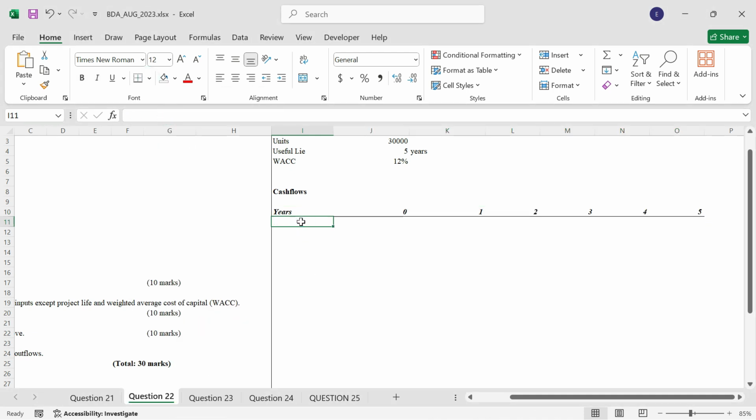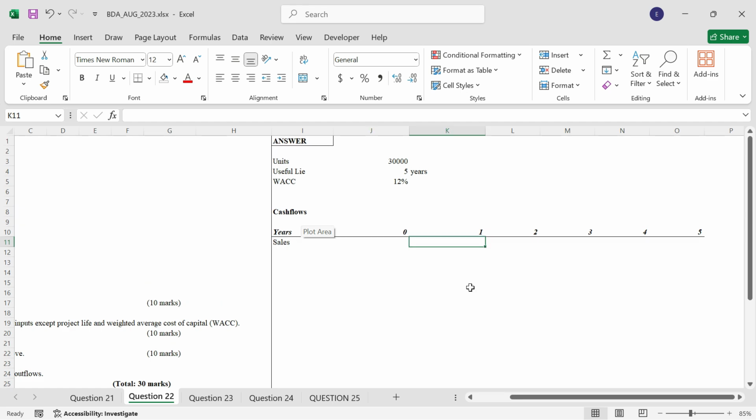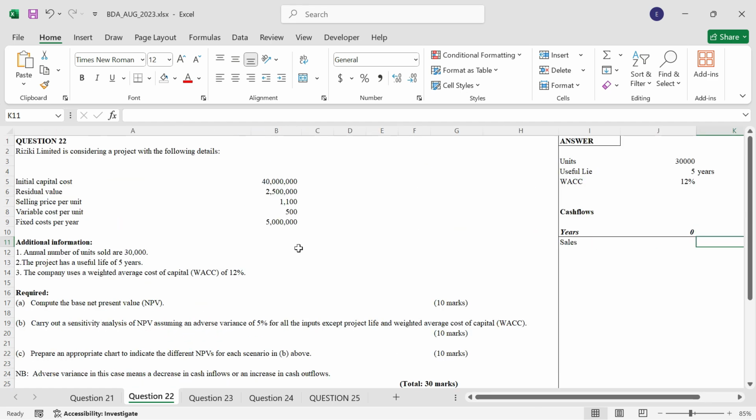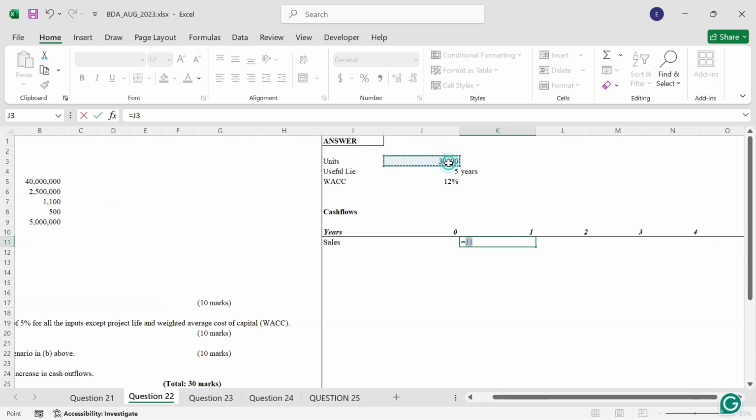I have my cash inflows for my sales, for which I was told I had 30,000 units, at a selling price of 1,100. So this would be 30,000, which I lock, multiplied by 1,100, which is the selling price, which I lock.